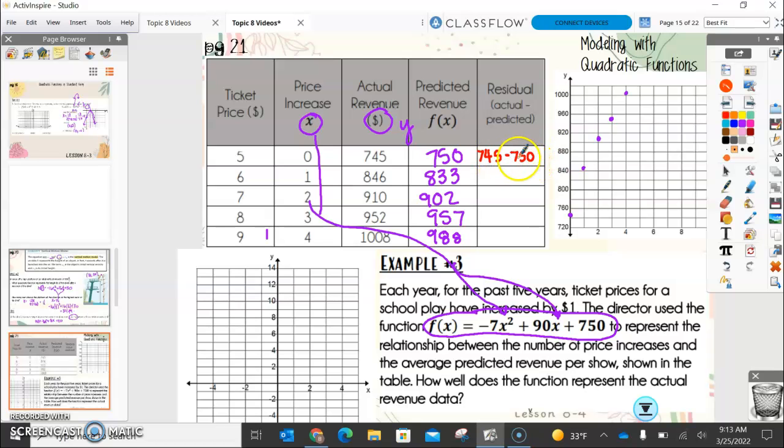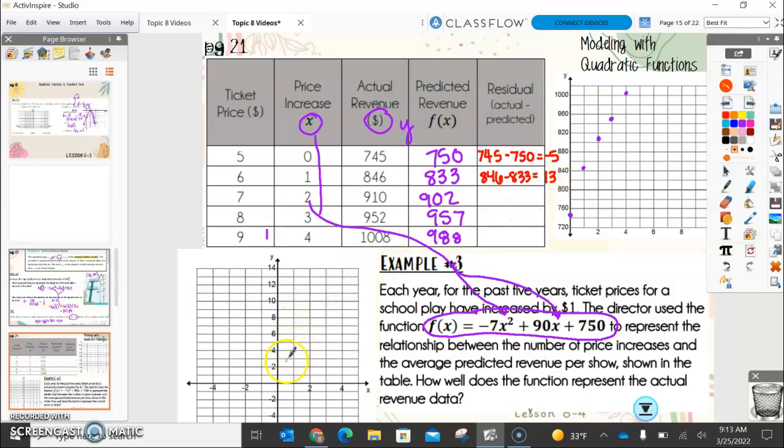Now I know that feels funny because it feels like your first number is smaller, but our residual is a -5. It means our parabola kind of overestimated what we were going to have. Or if I did 846 minus the 833, I would find that my residual is 13. So it had underestimated what we were going to make.